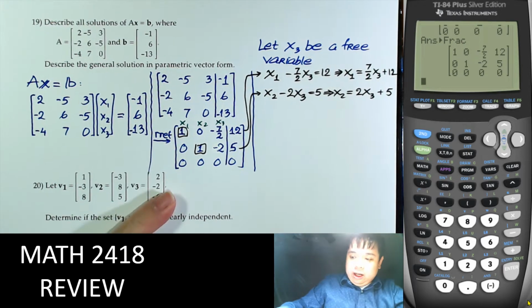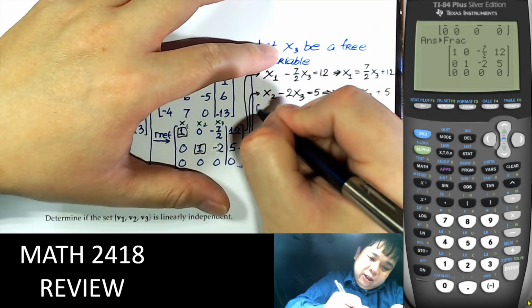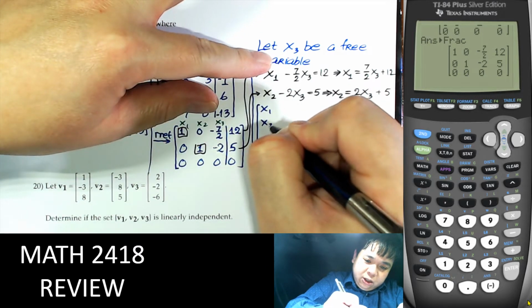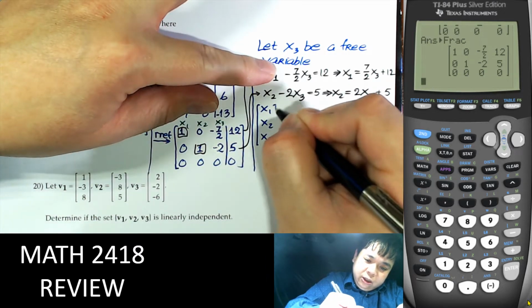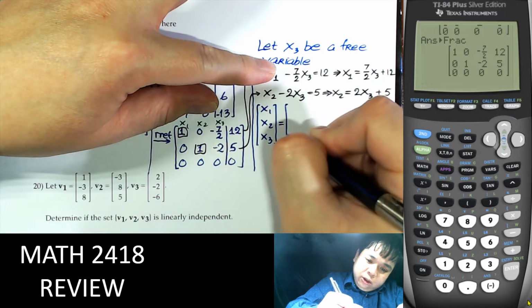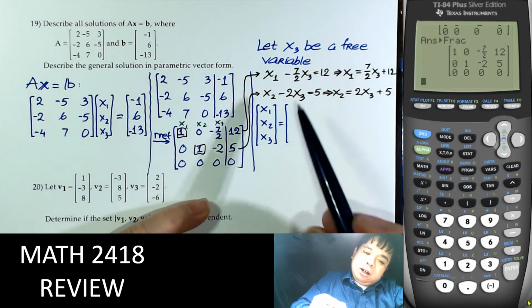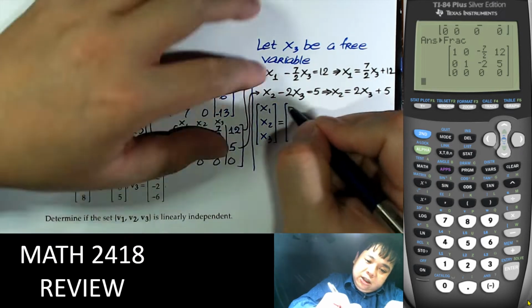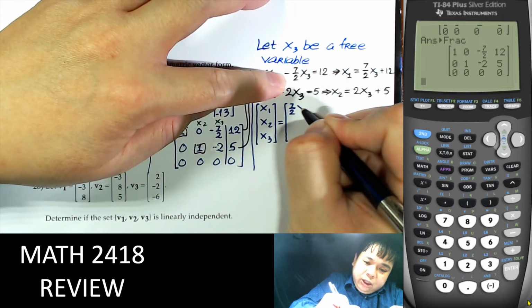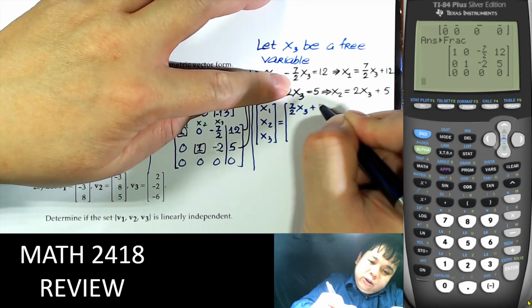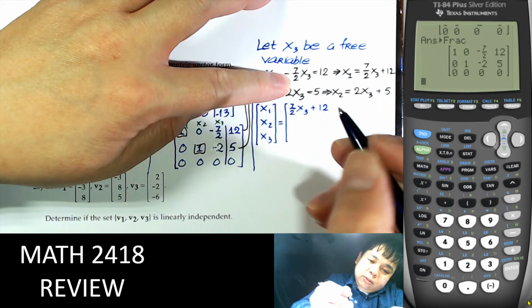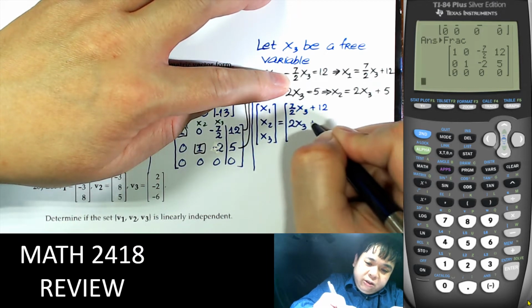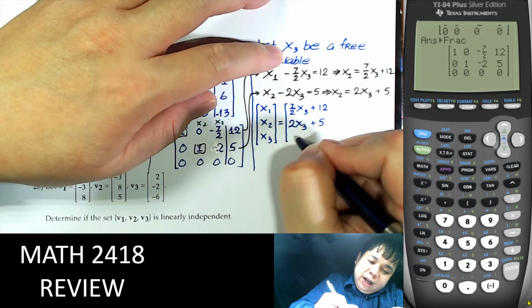Right. Now with that, we can write the solution as x1, x2, x3 equal to x1 is this 7 half x3 plus 12, and then 2x3 plus 5, and then x3 just x3.